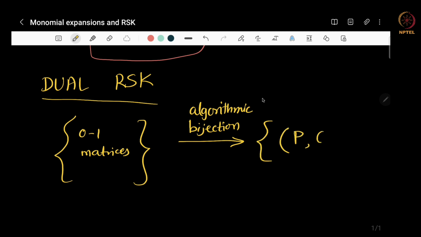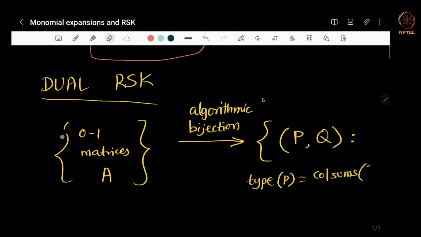Let's again call them P and Q, with the following property: the type of P is nothing but the column sums of this matrix A. So, given a 0, 1 matrix A, it associates to it a pair P, Q.